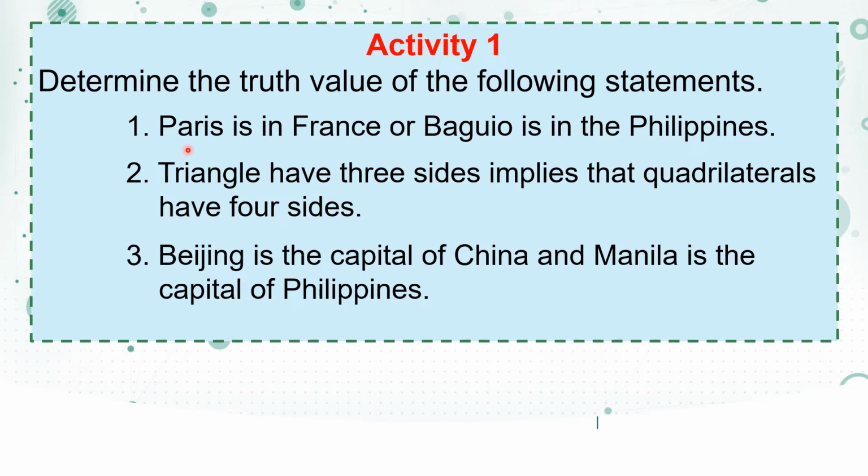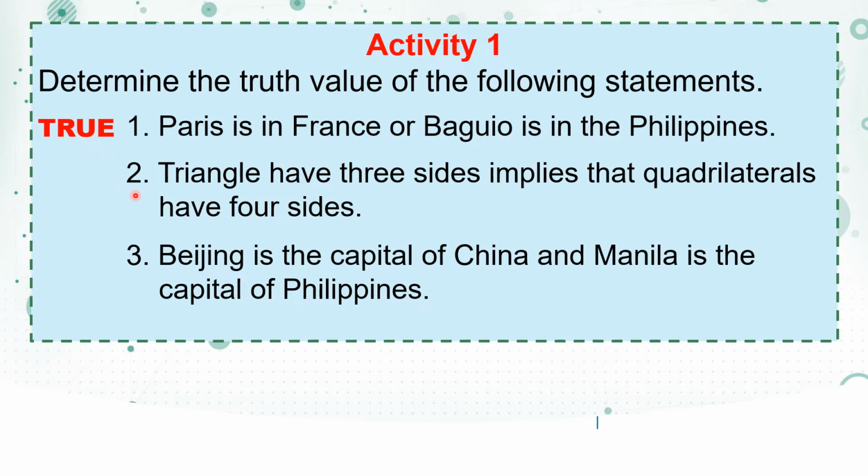Ibig sabihin, pag parehong false yung proposition, ay false yung ating disjunction. So, tignan natin kung parehong false. Otherwise, pag hindi, the answer is true. Paris is in France. It is true. Baguio is in the Philippines. Again, it is true. Therefore, our answer is true. The truth value for this disjunction is true.